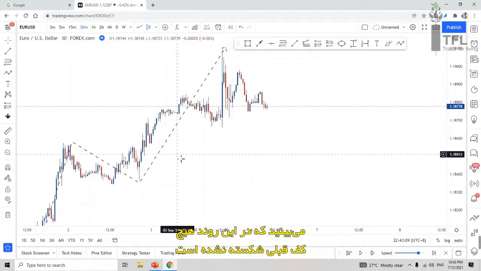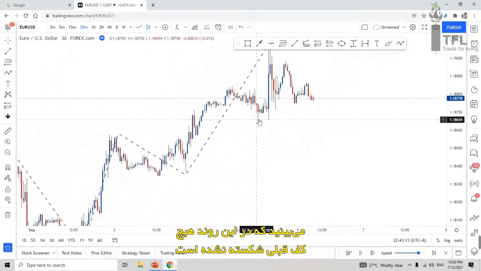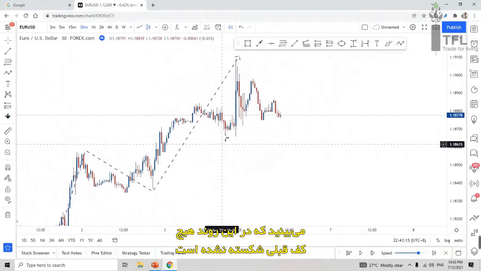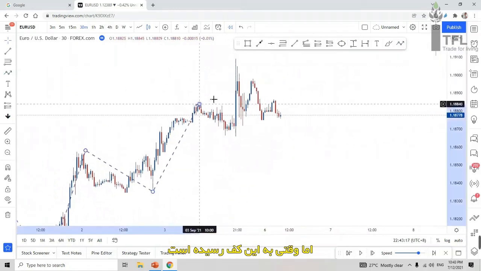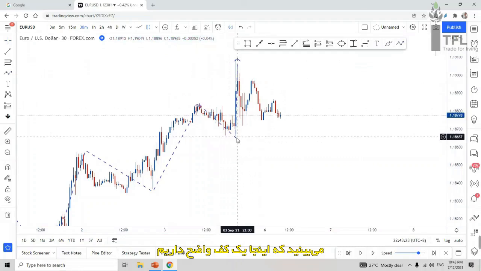If you can see, all this while there is no breaking of the previous low. But when it reached this area, this is the low. You can see it's a very, very obvious low right here.